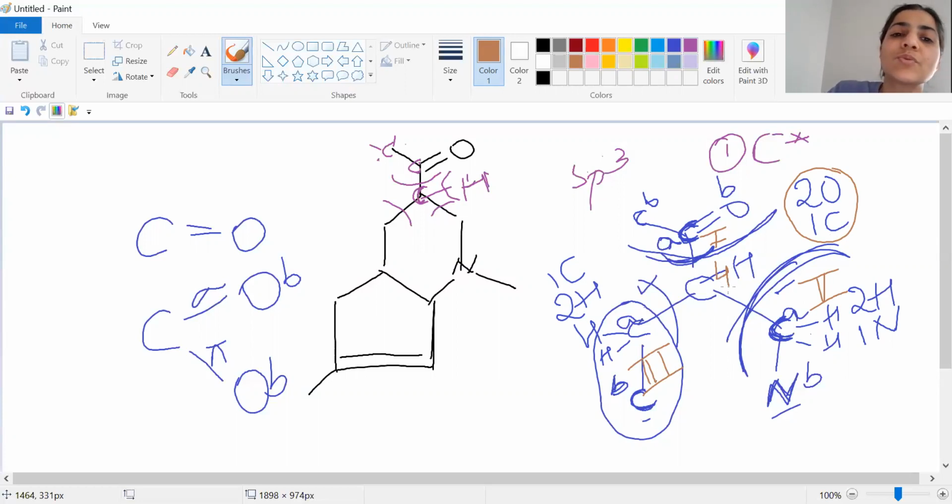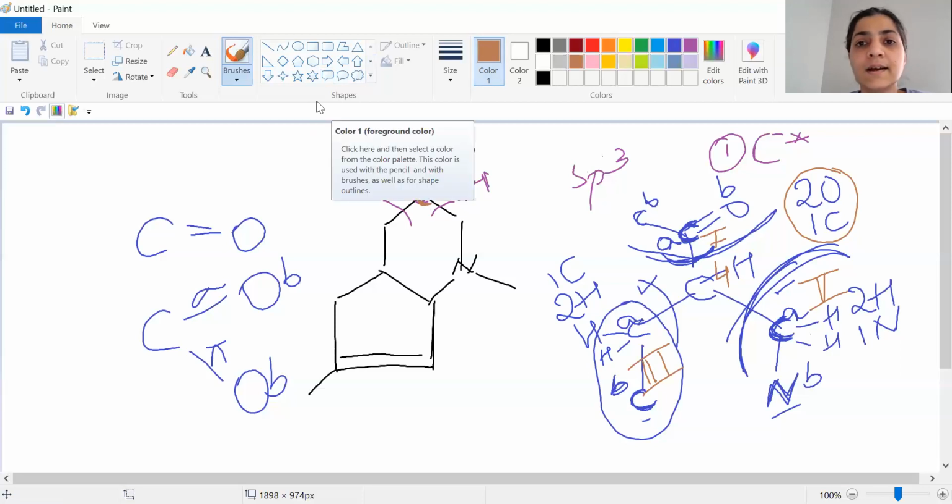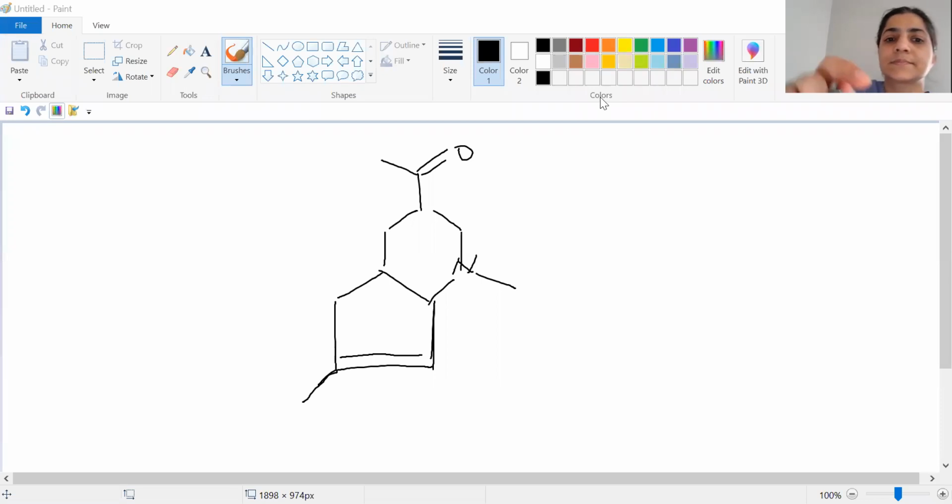And if we were sure of what the orientations at this carbon site would be, we would know how to do the R and S. But for now, you should just focus on assigning the chiral atoms first. And hence, definitely, this carbon is a chiral site.